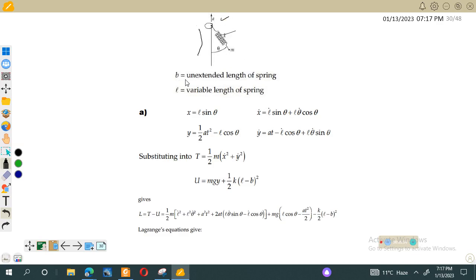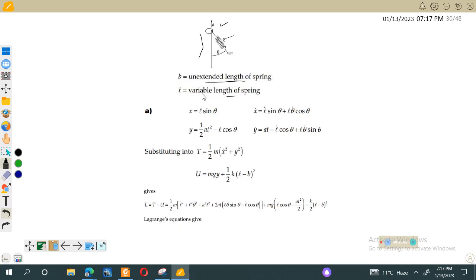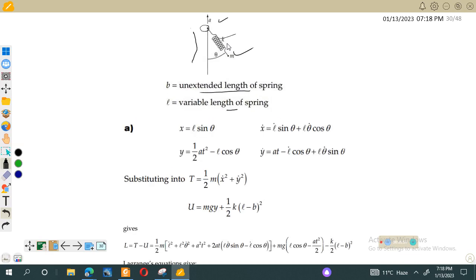So the very first thing, b is the unextended length of the spring, and L is the variable length of the spring when the spring is elongated. Because we have one particle in two dimensions, two generalized coordinates x and y will be enough to describe it.